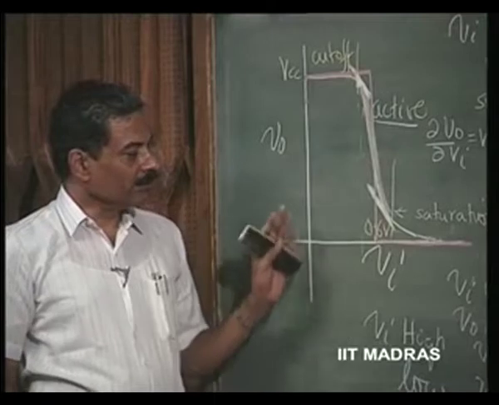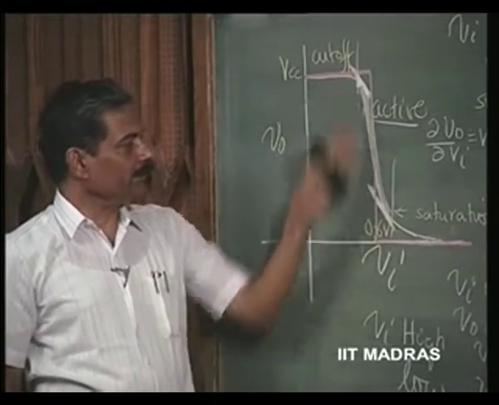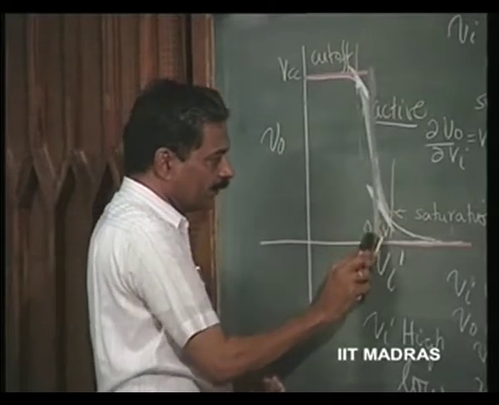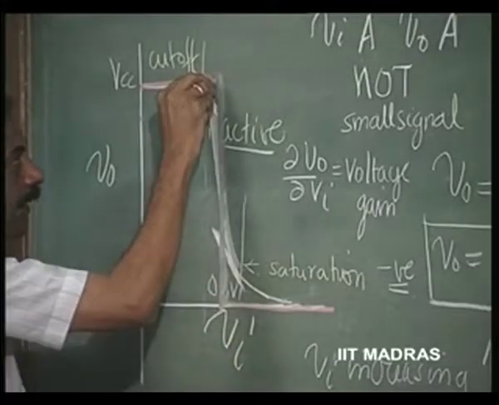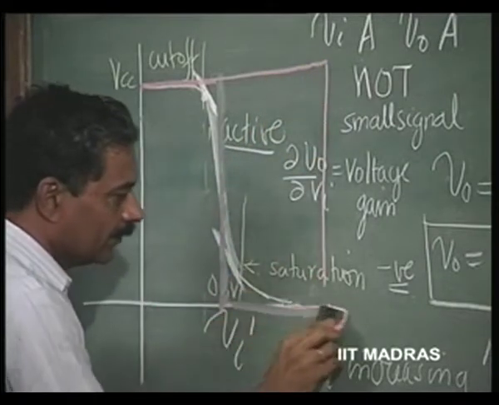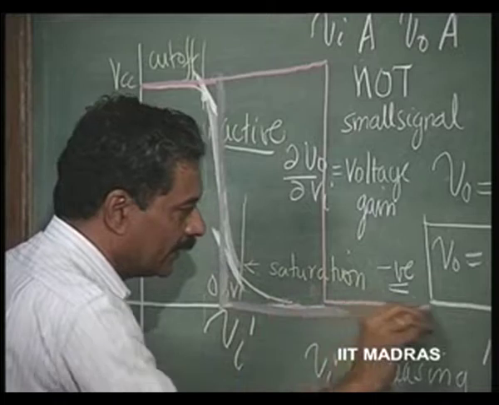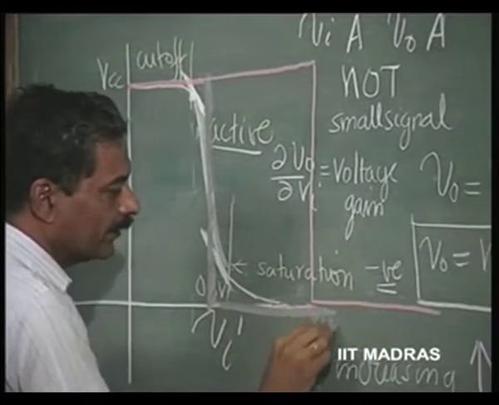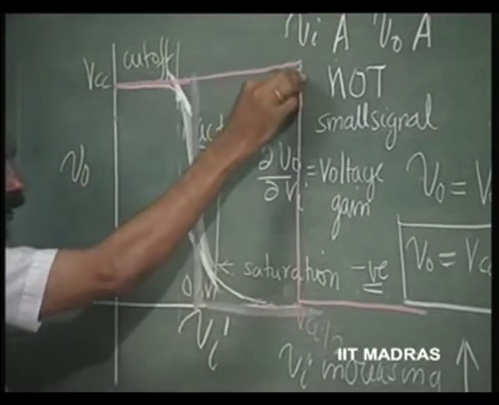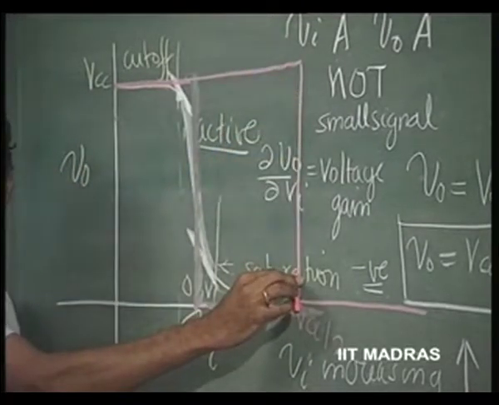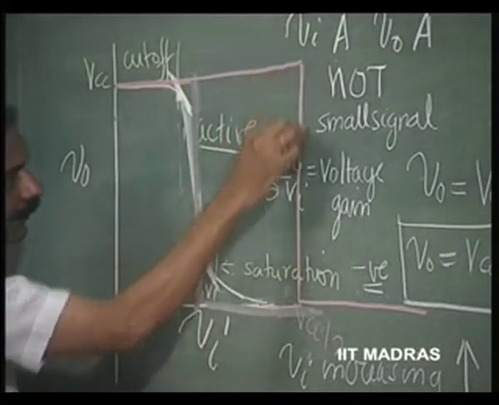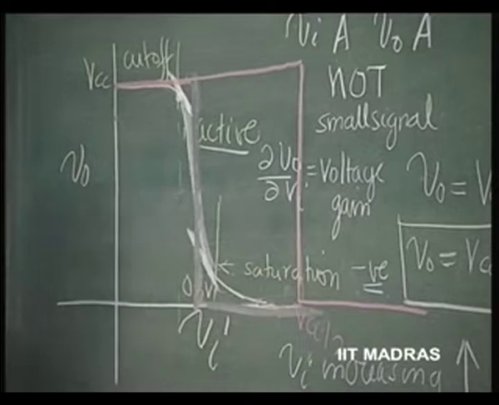So at exactly VCC by 2, this transition should take place and it should be abrupt. This transition should not take place at 0.6, it should take place somewhere much beyond this point. This is an ideal inverter. This should occur at VCC by 2, and the slope should be infinity, that means gain should be infinity. So the ideal inverter has characteristics like this.